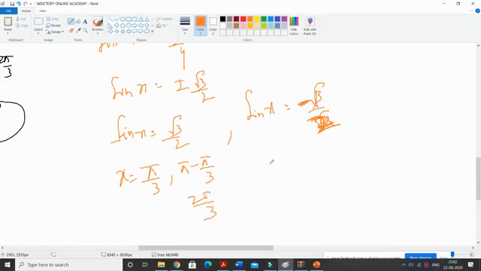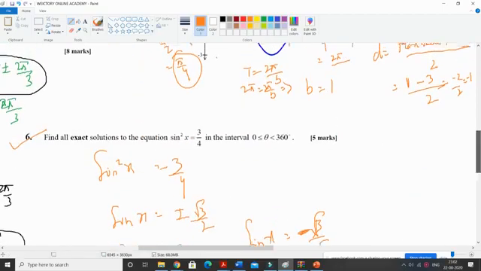Sin x is equal to minus root 3 over 2, that you will get in the third quadrant, which is pi plus pi over 3, and the other answer you will get is 2 pi minus pi over 3. So that's 4 pi over 3, and here you will get 5 pi over 3. So these are the answers. Simple.